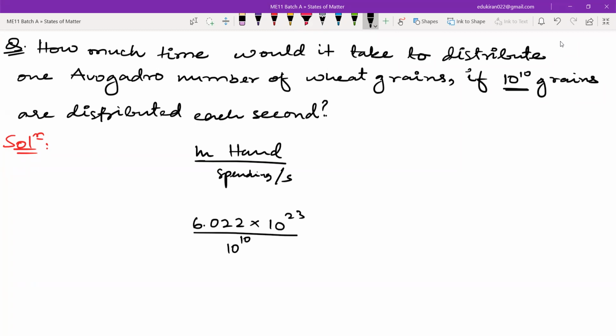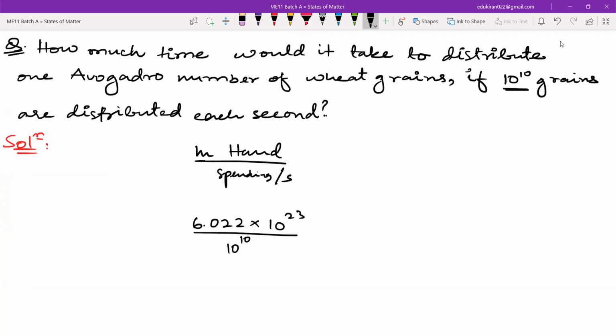So how did you get 10 to the power 6? Yeah, first I took the seconds to distribute this many grains and then converted that unit from seconds to years. That's how I got it.